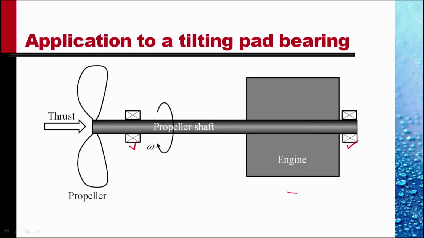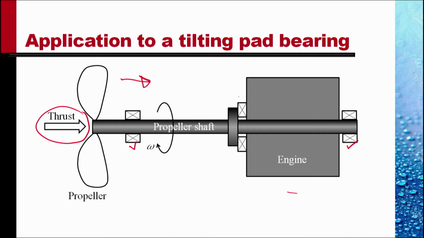But this propeller shaft would produce a thrust. Because of this thrust, the propeller shaft would be pushed back. And this would need a restraining device while the propeller is running. And this is provided by what is called a thrust bearing.